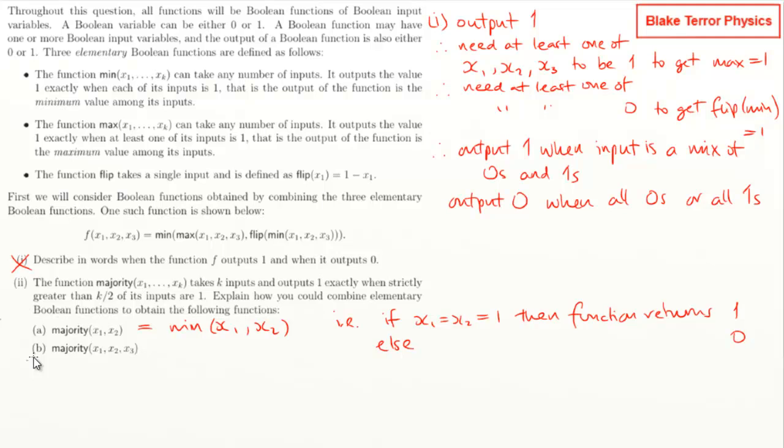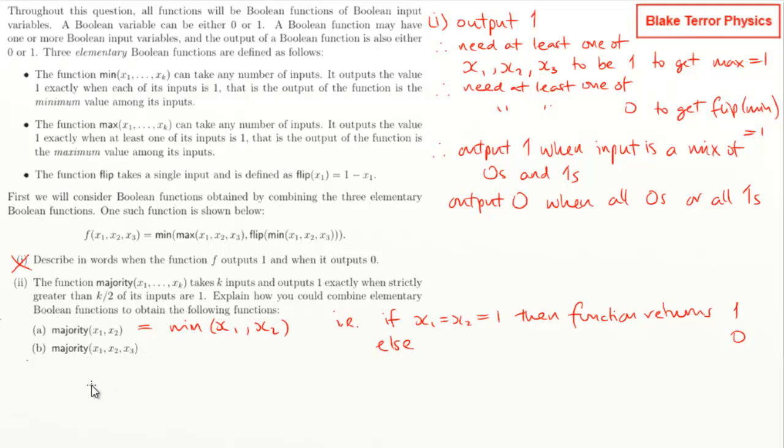So for 3 inputs for majority, we need at least 2 of them to be 1s to return a 1. So how are we going to make sure that we've got at least 2 of them being a 1? I suppose we can look at them in pairs.